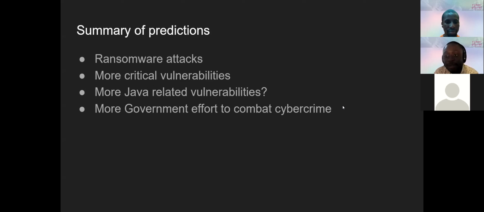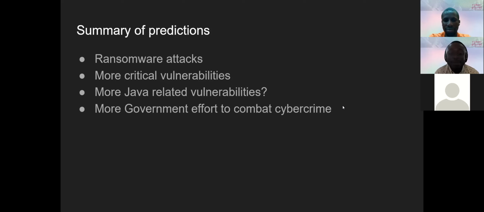So the summary of our prediction is more ransomware attacks, even though it sounds cliche now, but we still expect more ransomware attacks, and we expect more critical vulnerabilities, more Java related vulnerabilities. Question mark on that, because it's just our hypothesis, we're just guessing that someone might be out there sitting on a bunch of Java vulnerabilities.